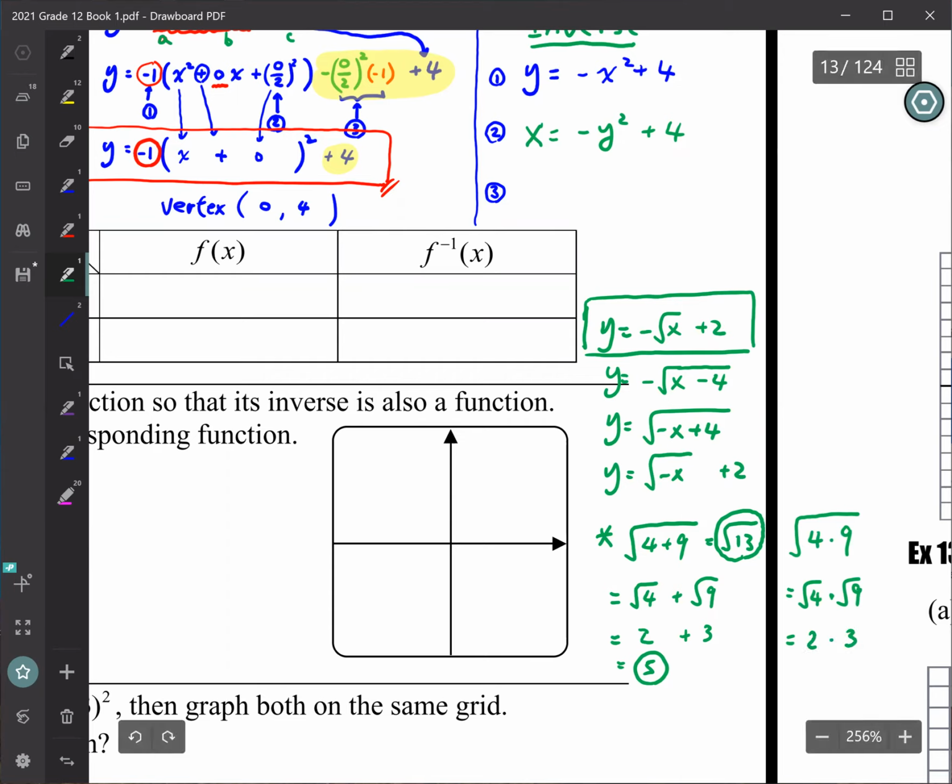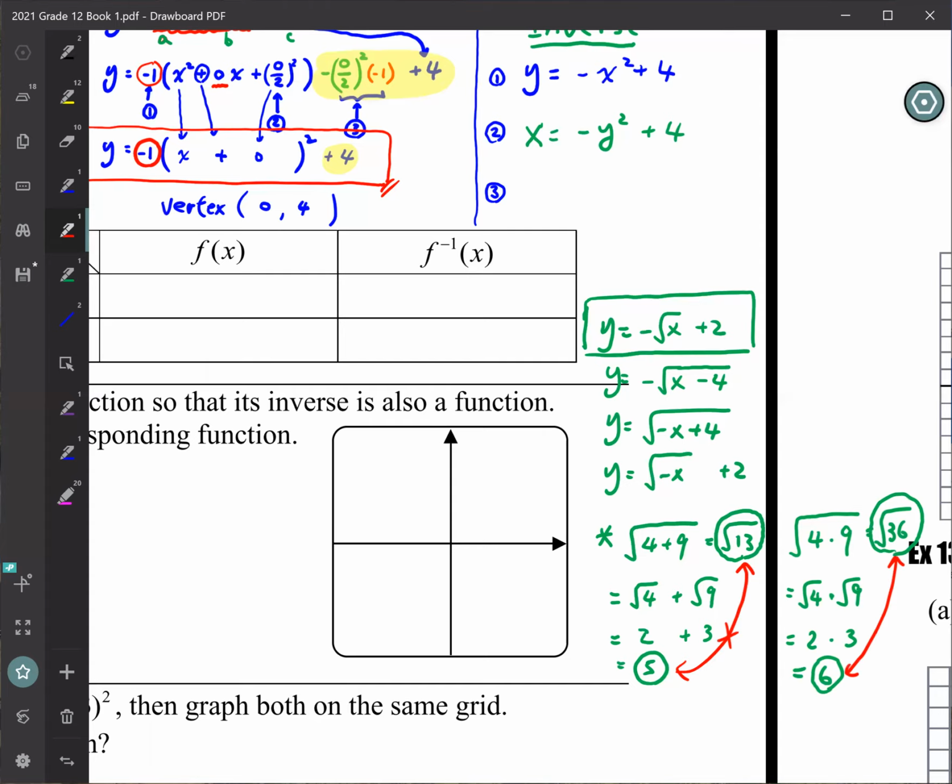If you split, you get 6. If you don't split, you get square root of 36, because 9 times 4 is 36. Does that equal 6? It does, they equal each other. But the other one, they don't. Does that make sense?